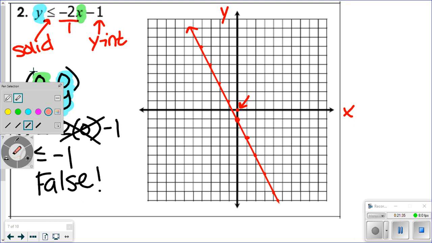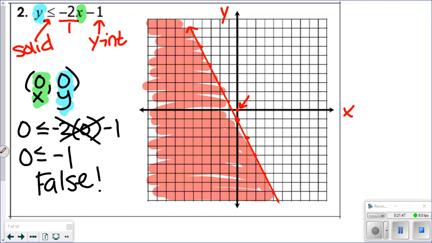So away from that 0, 0 point. So we're shading this portion of your graph. Okay, hopefully you can keep going.